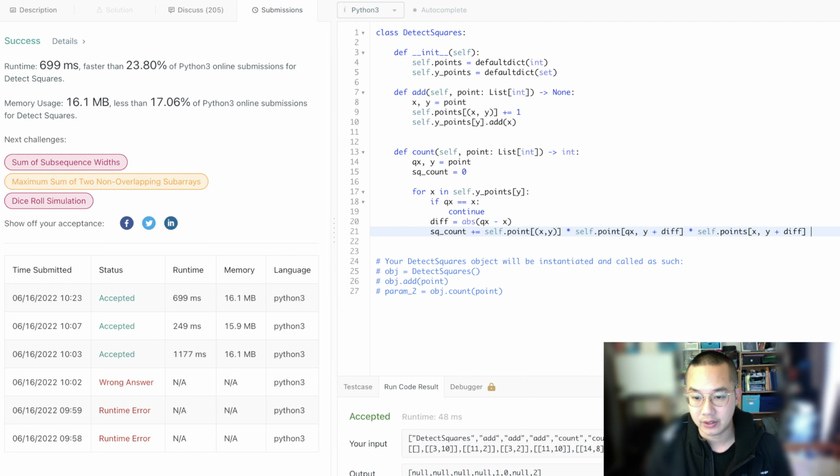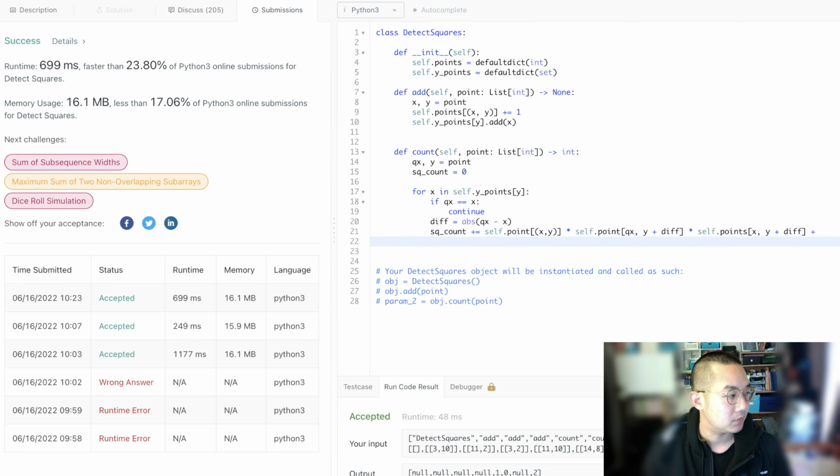So we just need to add those together. So plus, oh, we need a separate line for that. Self points x and y times self dot points, same thing, qx y minus diff, and times self.